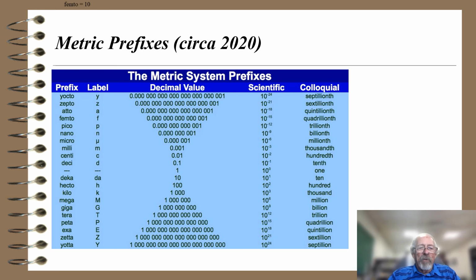So femto, atto, zepto, yocto, and the ones like peta, exa, zetta, and yotta, which you don't hear too often, have become new to the vocabulary. Notice that everything that's small is lowercase, except when you get up to mega, then everything is uppercase as you go the other way.